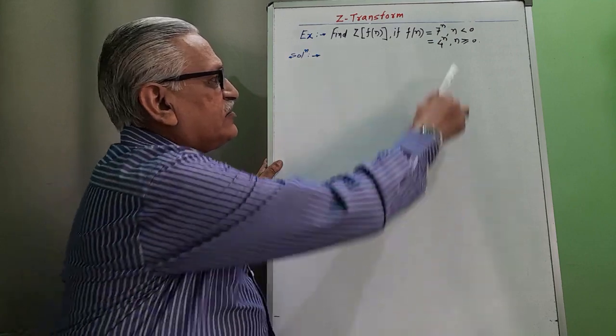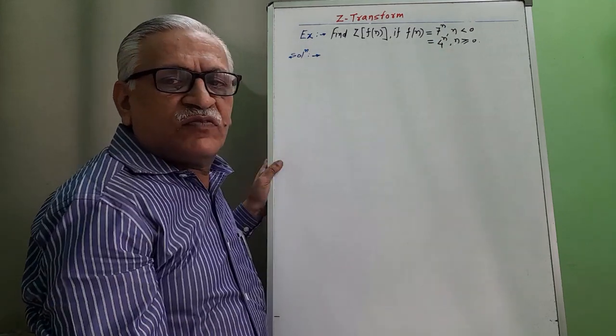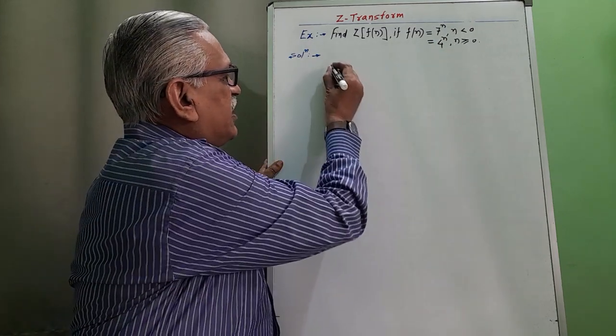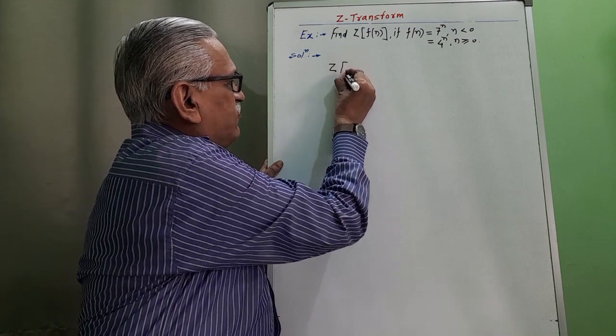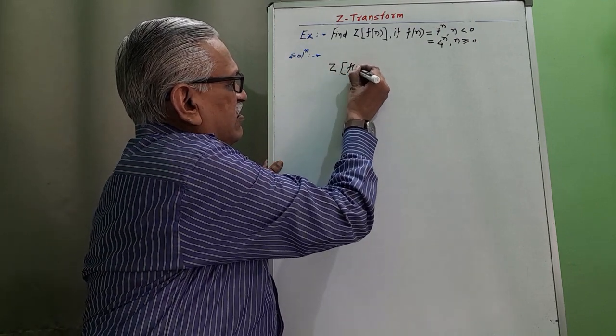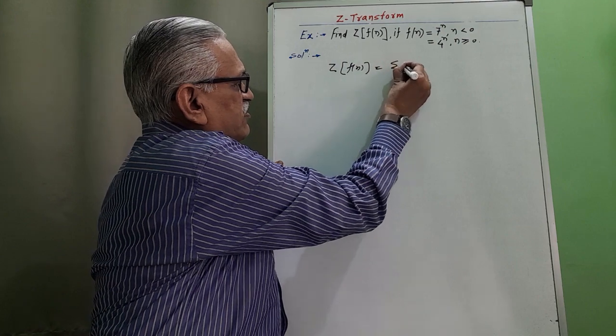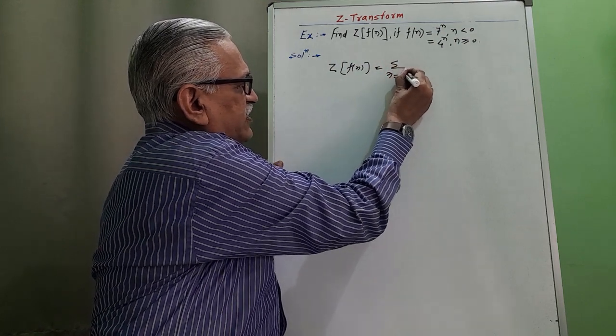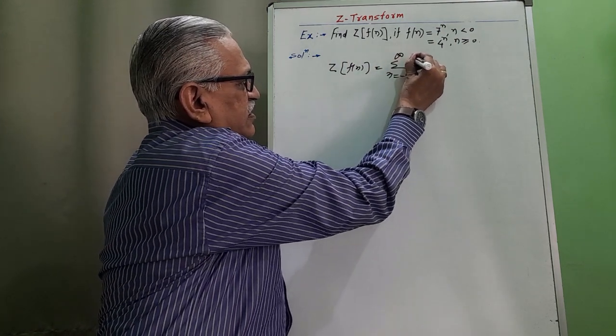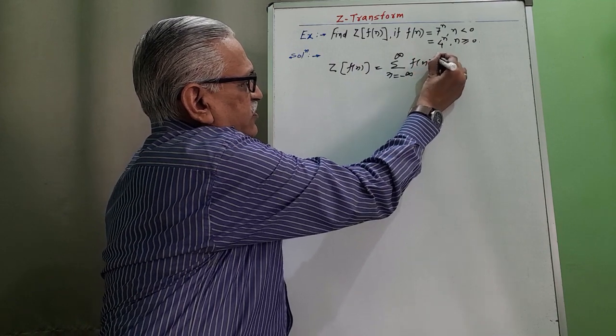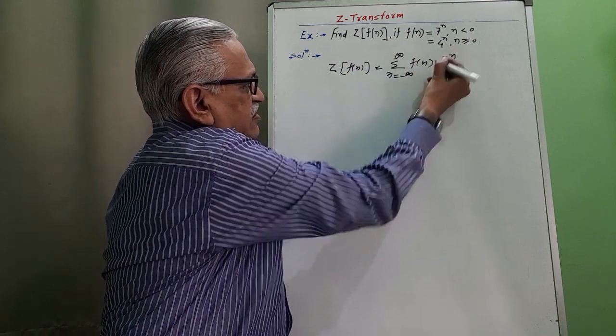Then as value exists for both positive as well as negative, Z transform is given by Z of f of n, summation from n equals minus infinity to plus infinity f of n into z raised to minus n.